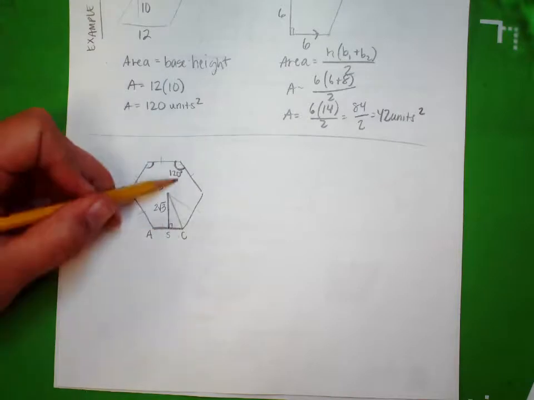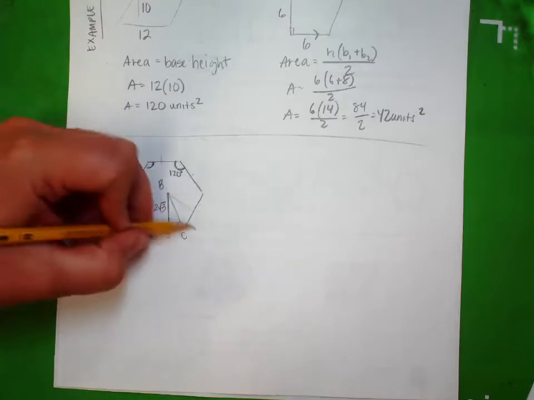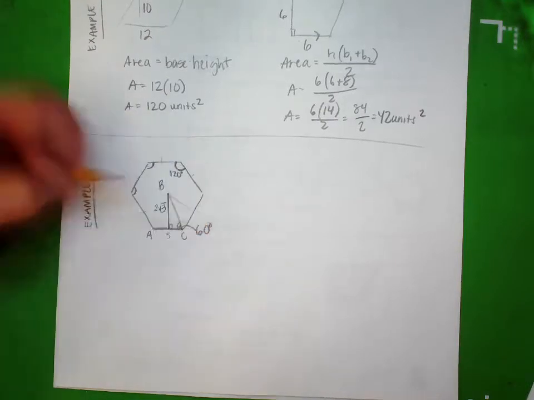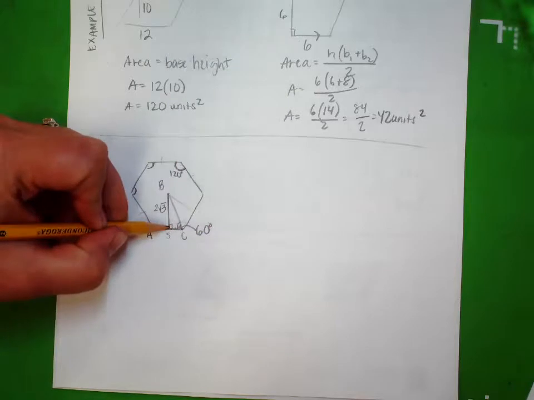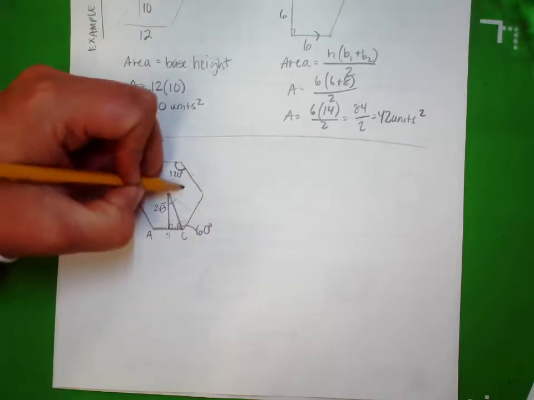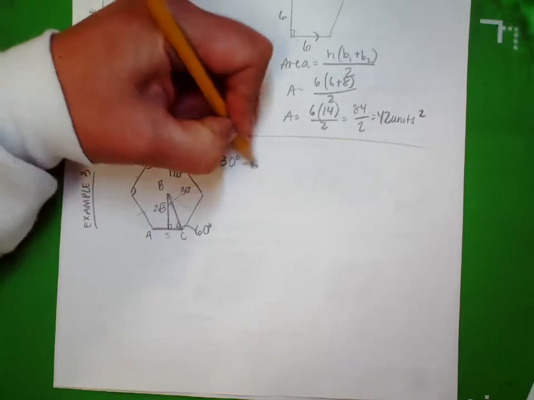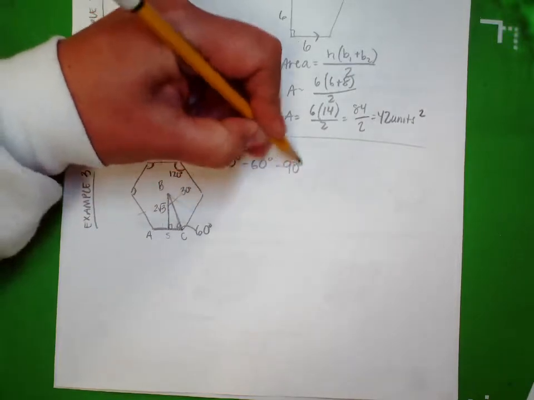So when you split that in half, because we're cutting it in half right here, we get a 60-degree angle. Which means if this is a 90, that this angle up here has to be 30. So this is what we called a 30, 60, 90 triangle.